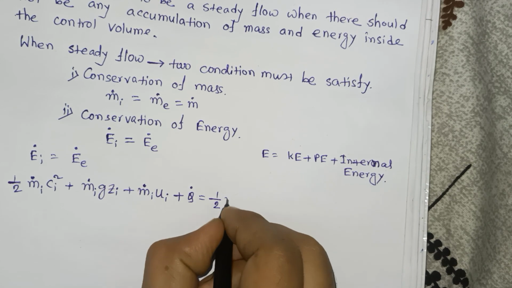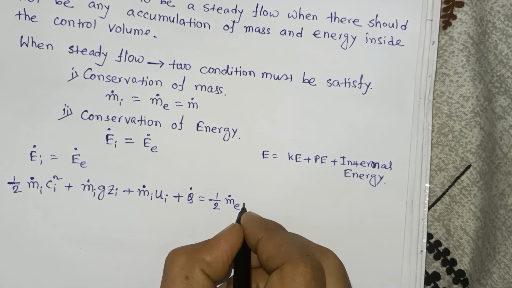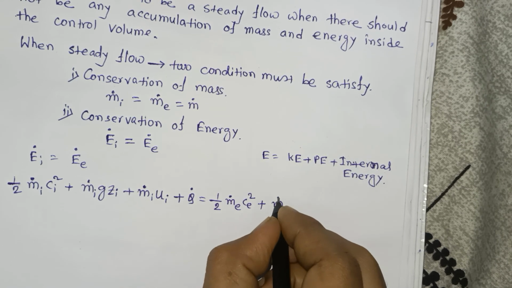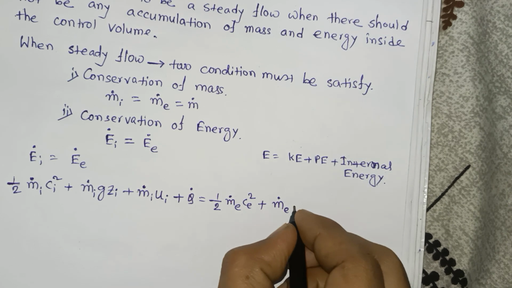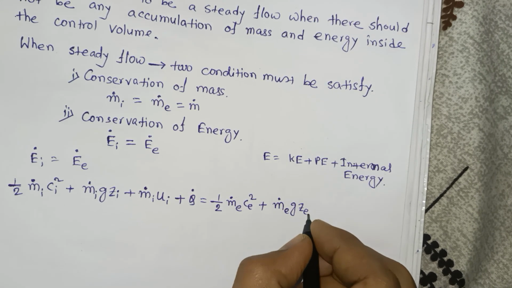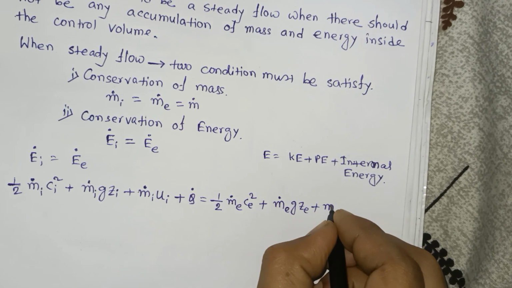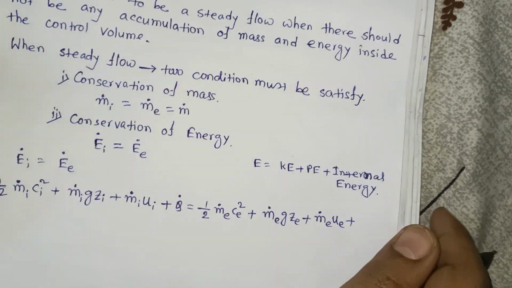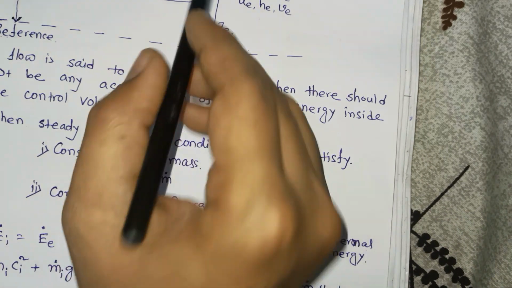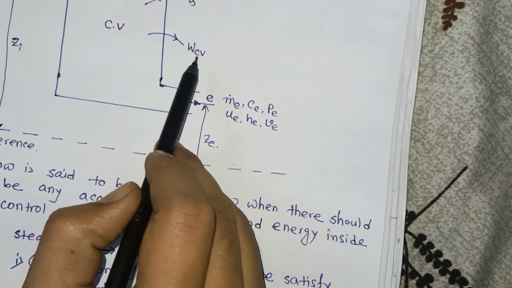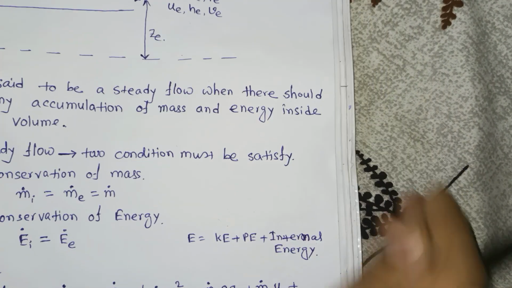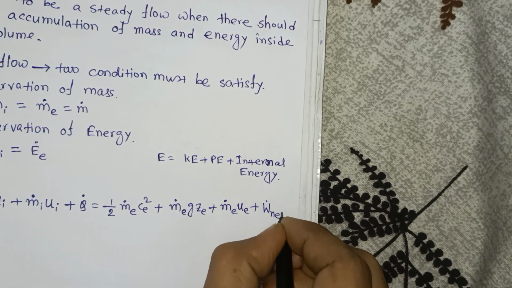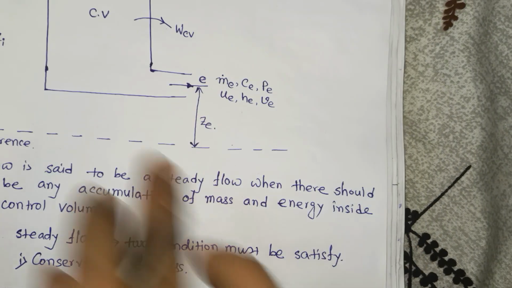The kinetic energy is half m dot e Ce squared, plus m dot e g Ze, which is the potential energy, plus the internal energy m dot e Ue, and there is energy coming out of this control volume, that is W net dot, the net work done by this control volume.